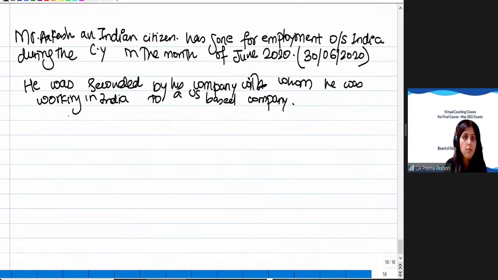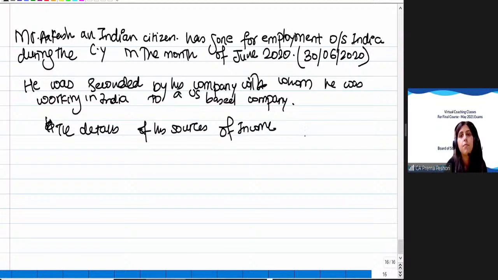Clear? The details of his sources of income are given hereunder.